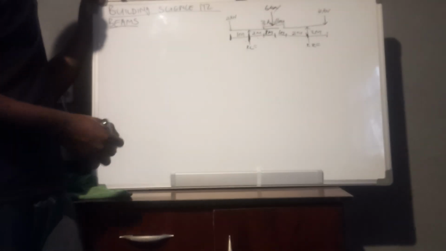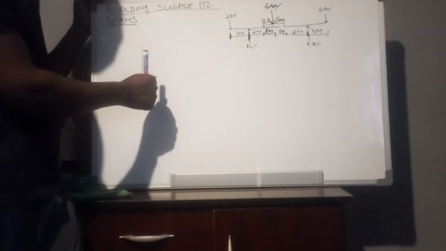Then from there, we start calculating. We can start with RL. Remember, at the end of our calculations, the upward forces have to be equal to the downward force, whereby we have to say upward equals downward, which means the summation of RL plus RR has to be equal to the summation of all the downward forces, which is going to be 2 plus 6 plus 4, right?